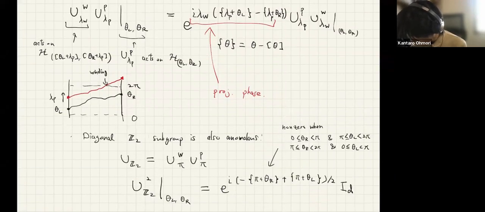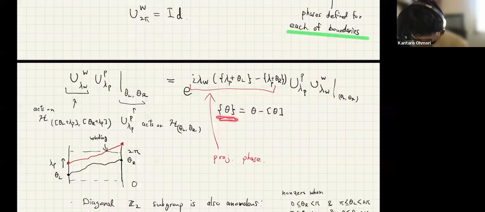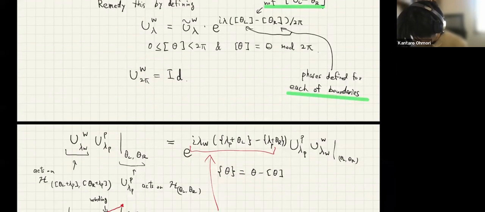For this case, this one is 0. This one is pi plus theta, which by definition is between 0 and 2 pi, and this curly bracket is defined by this, and the square bracket is defined by this.